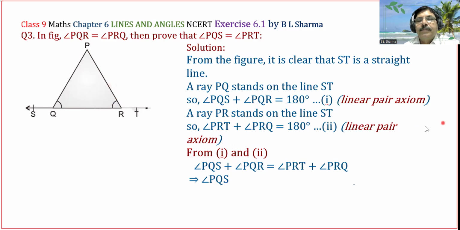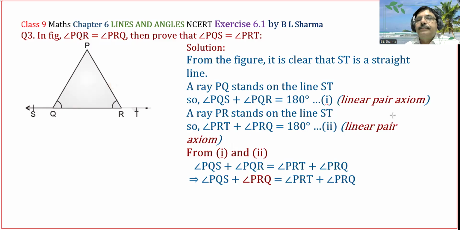See, यहां पे ये एंगल PQR है, उसकी जगह आप एंगल PRQ लिख सकते हो. सी, इट इज गिवन. So further, that is angle PQS plus PRQ equals angle PRT plus PRQ.